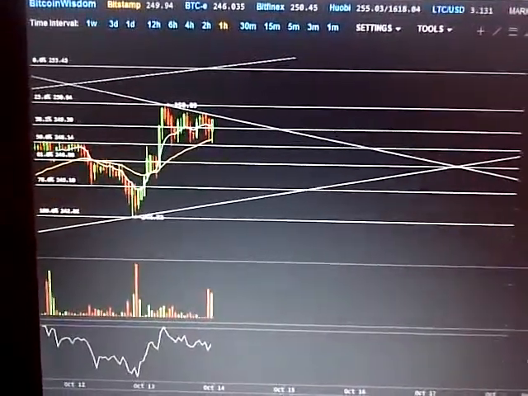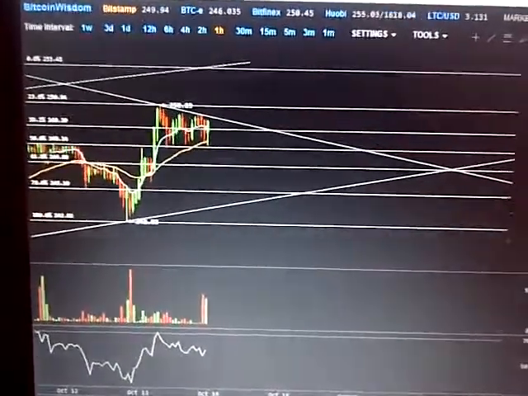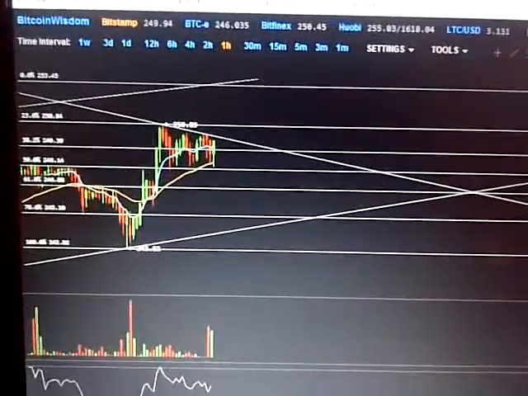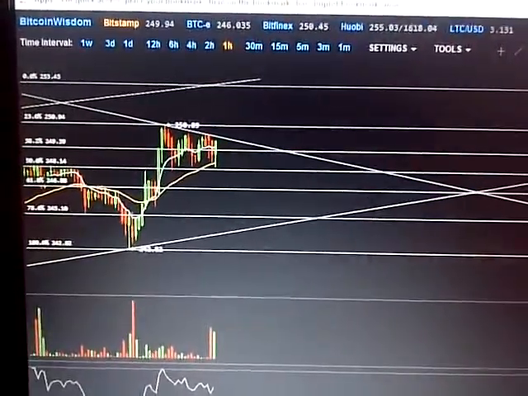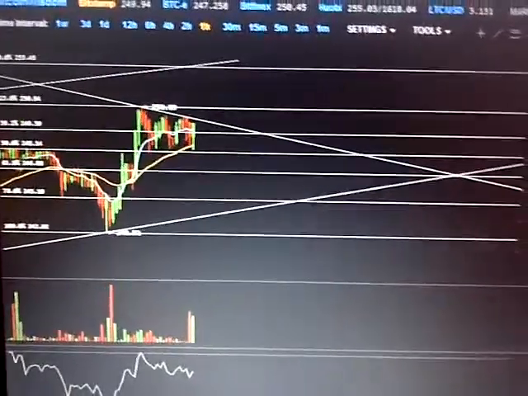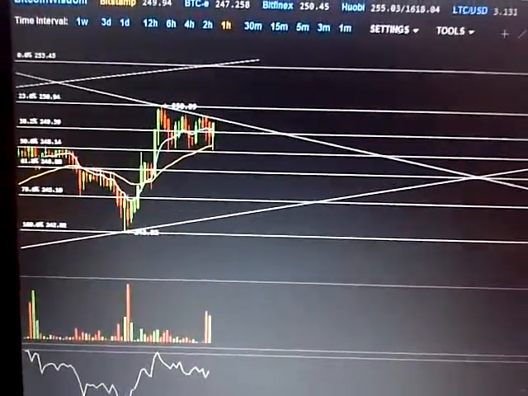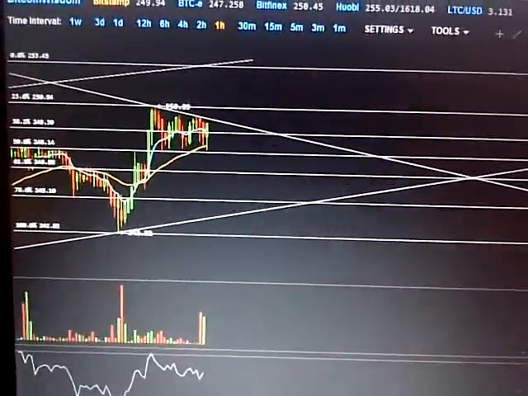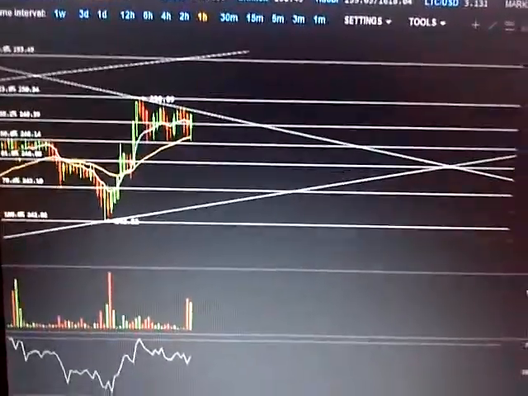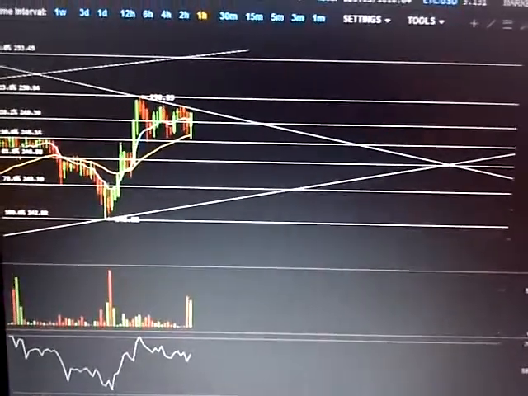One of the things you'll notice when you're using Fibonacci lines, triangles, channels and lines, is that they all make some kind of triangle intersection. You've seen me do this before, where I pull this forward and give you an idea of time frame.